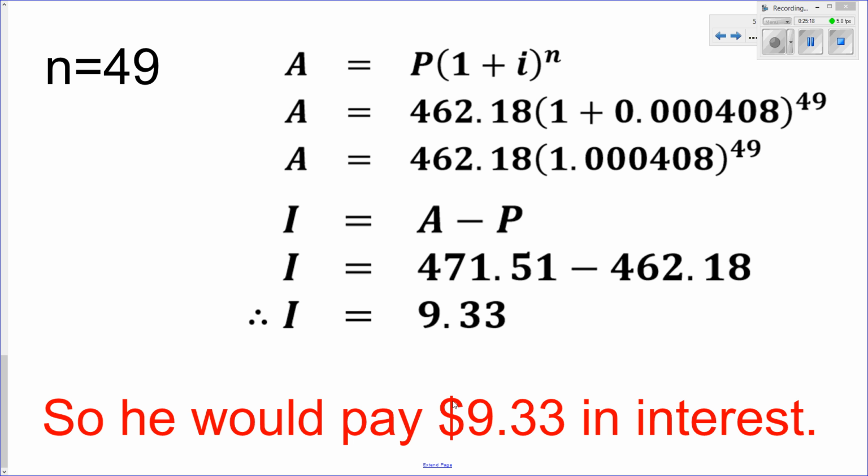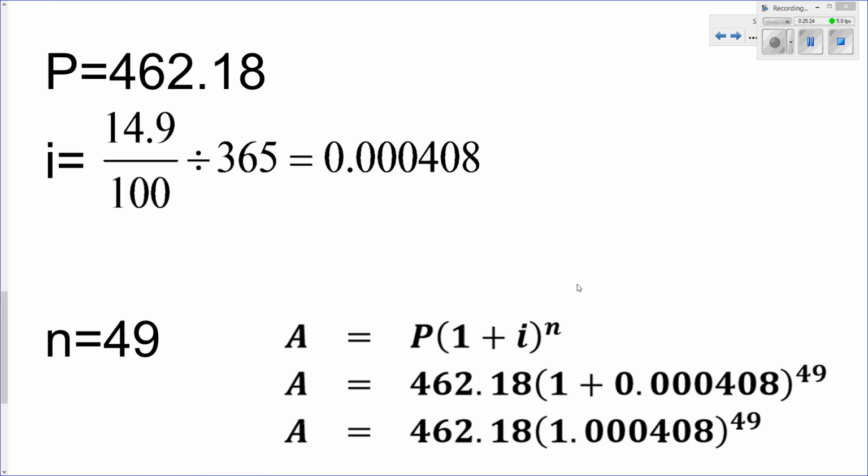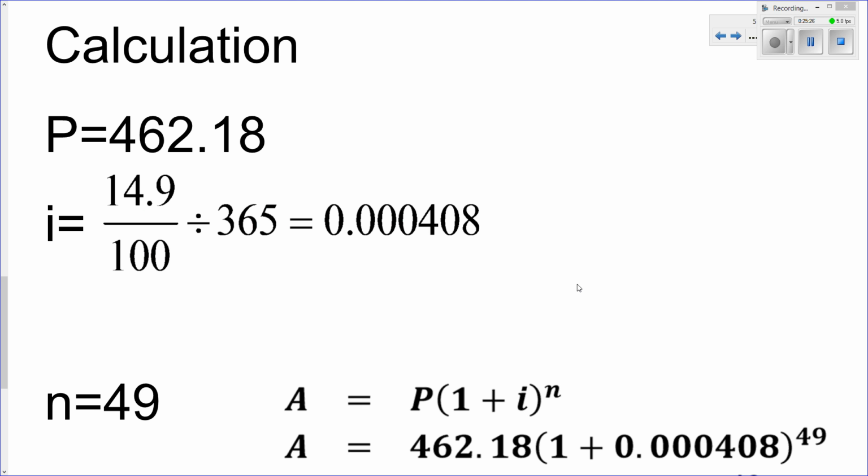All right, just take a moment, copy down the rest of this note here. And we'll just go back up here one sec. Copy this, copy the beginning for the calculation. I'll give you a moment. So make sure you have your A, your P, and your I. And now we'll start our calculations.